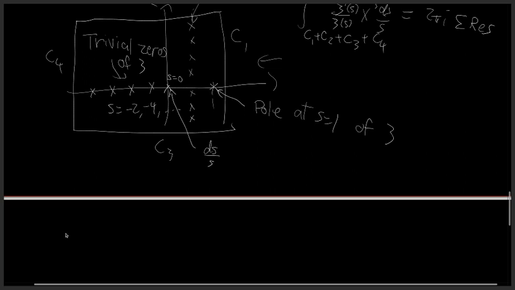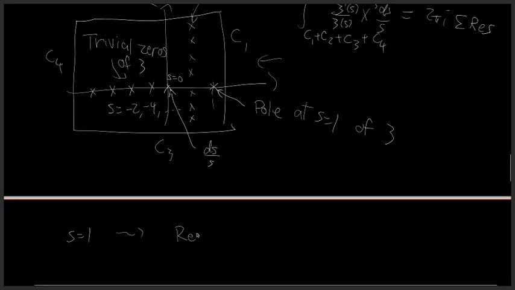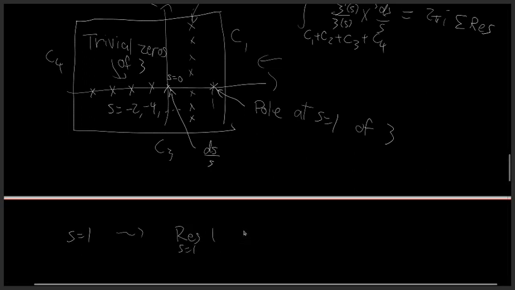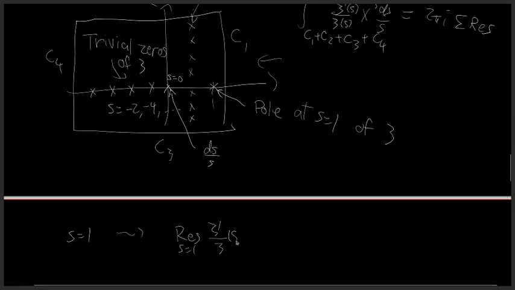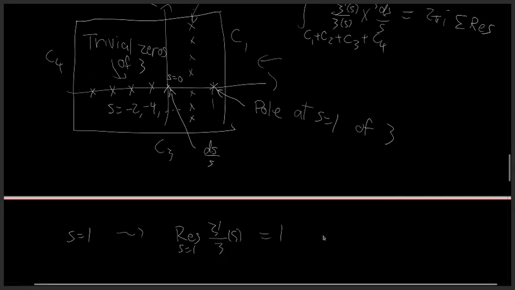So the pole at s equals 1, as we talked about previously, the residue at s equals 1 is 1. So the residue of zeta prime over zeta of s is 1.